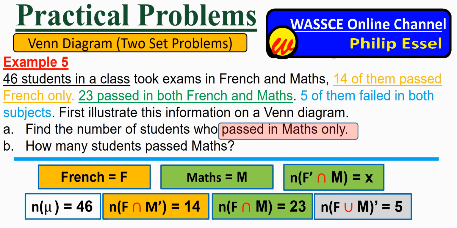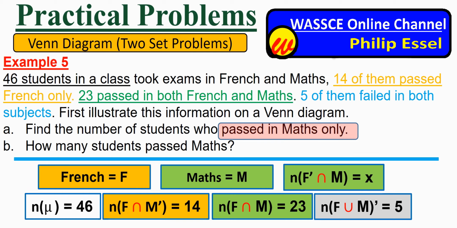Remember, F complement means without French, intersection M. So what this means is Maths only, without French. So let's move our information to a fresh page and we'll use it to solve this problem.